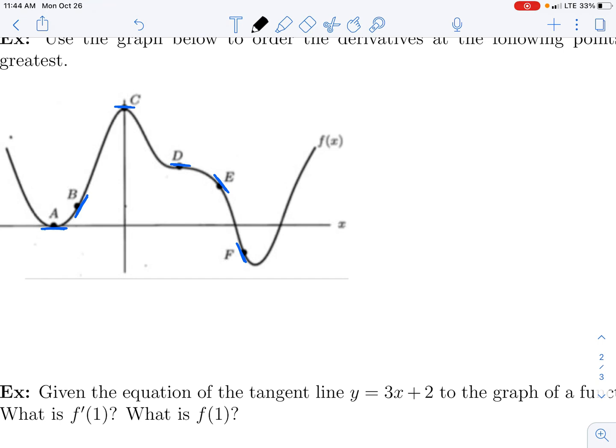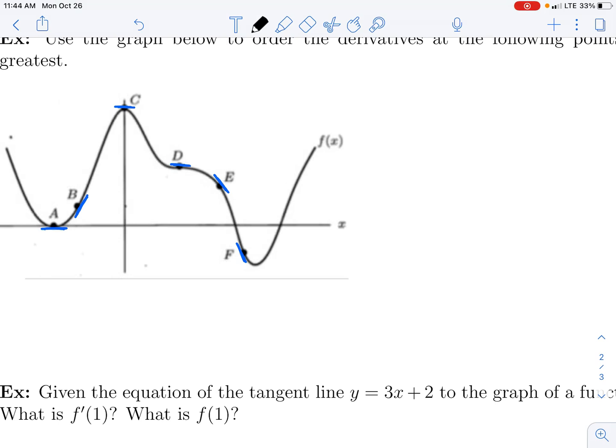Okay, so here, looking at points A, C, and D, we see that we have horizontal tangent lines. This goes back to algebra, where you learned that the slope of a horizontal line is 0.